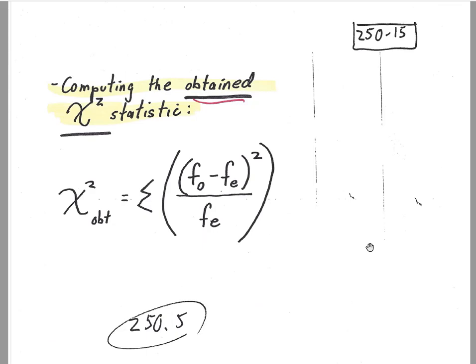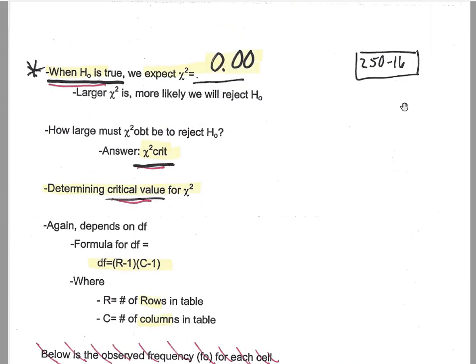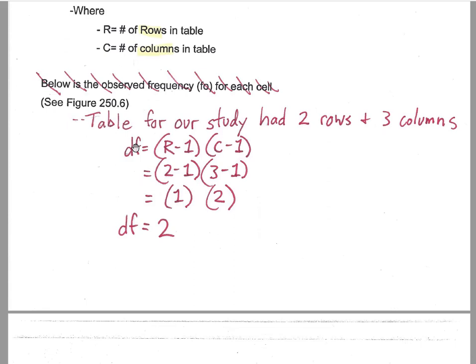Let's compute degrees of freedom for this chi-square test. I go back to page 250-16, where I compute the degrees of freedom. Step 1, we write our formula including the symbols. Degrees of freedom are computed by taking uppercase R minus 1, multiplied by uppercase C minus 1. Step 2, replace statistical symbols with the actual values for the current study.